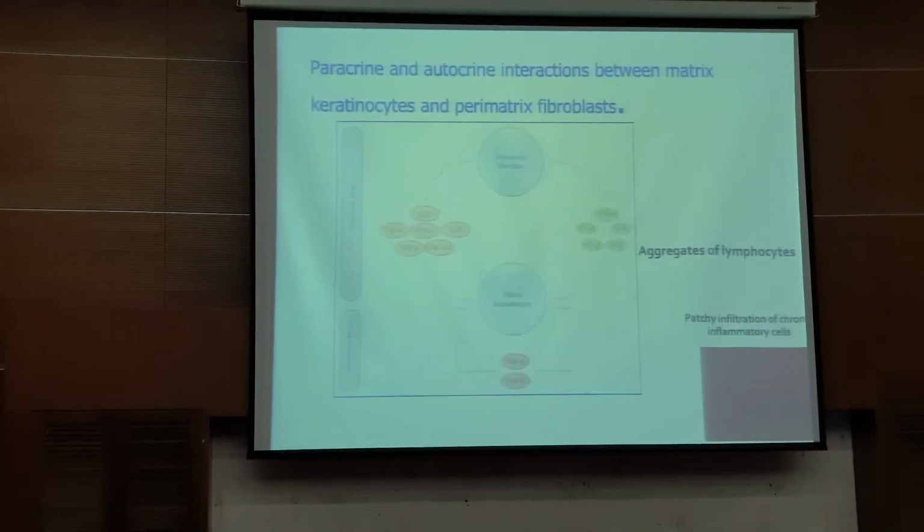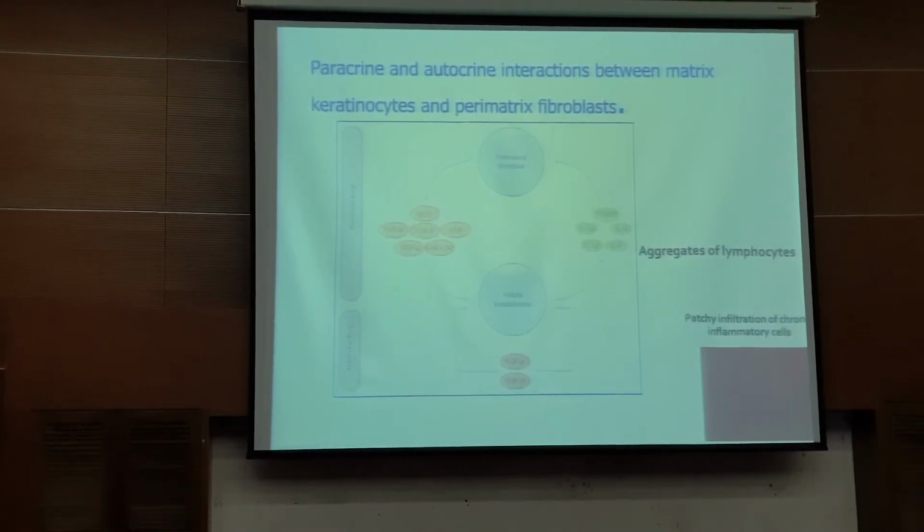So now, when we look at the theory, it can be either the epithelial cell stress possible, if, let's say, it's congenital. But how does this cholesteatoma cause destruction of the bone? One of the recent ones, they look at the paracrine and autocrine interaction between matrix keratinocyte and perimatrix fibroblast. In the first slide, I mentioned that there is a matrix and perimatrix.